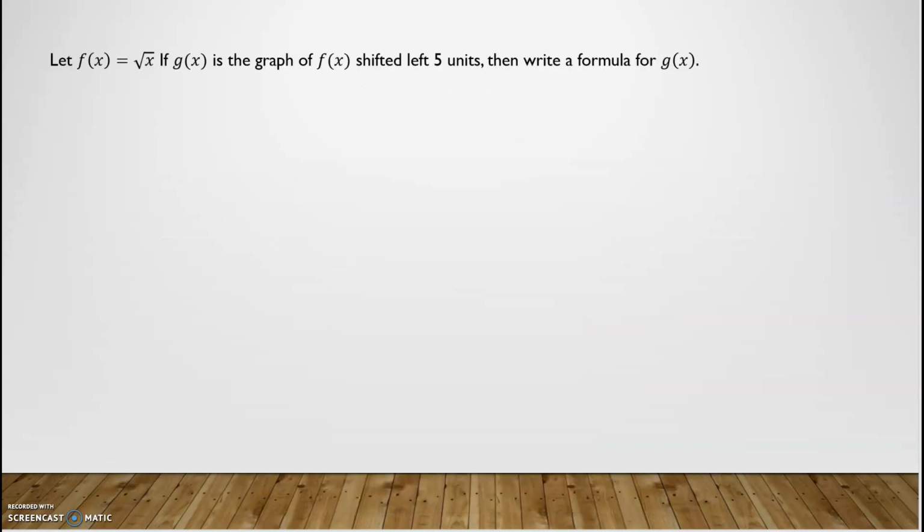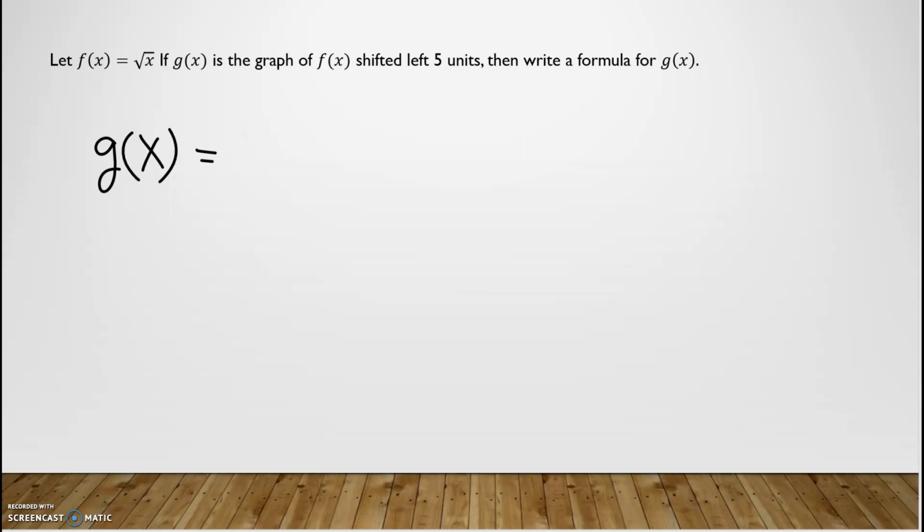Okay, so let's look at this one. Let f of x equal the square root of x. If g of x is the graph of f of x shifted left 5 units, then write a formula for g of x. Okay, so we have to be careful with horizontal shift, since the h value has got to be closest to the x value within the function.